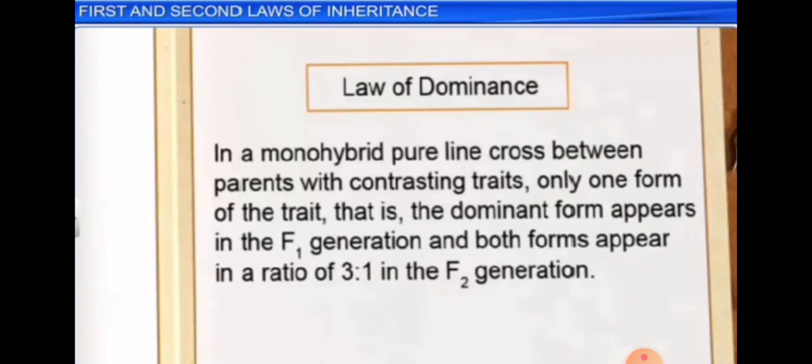The law states that in a monohybrid pure line cross between parents with contrasting traits, only one form of the trait, the dominant form, appears in the F1 generation, and both forms appear in a ratio of 3:1 in the F2 generation.